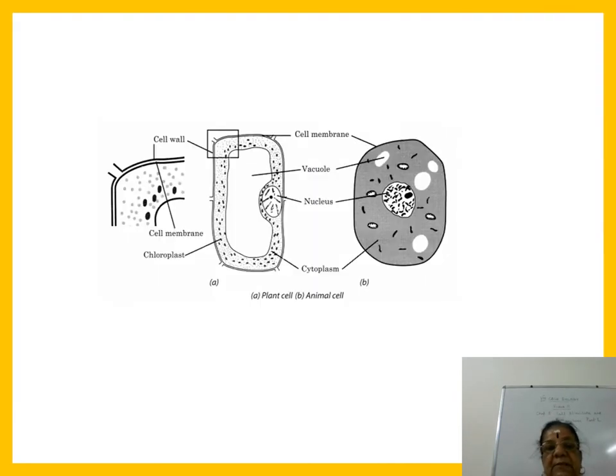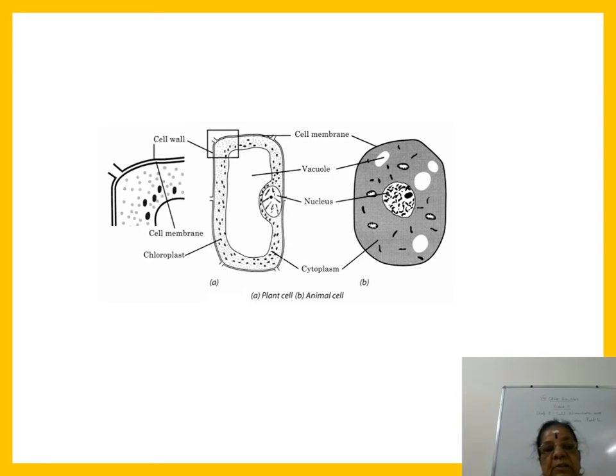I hope you understand. This is a plant cell and animal cell in our textbook. Plant cell and animal cell have an outer cell membrane. Animal cell has a cell membrane, whereas plant cell has a cell wall, then the cell membrane. Then there is a large vacuole in plant cell, whereas in the animal cell there is a small vacuole.